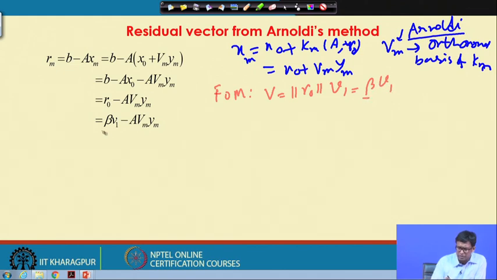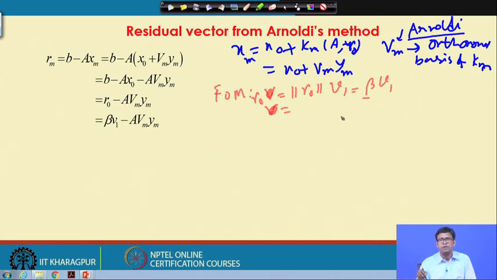So, beta is mod R0, the magnitude of the first residual, and V1 is a unit vector, the first basis vector of the Krylov subspace.